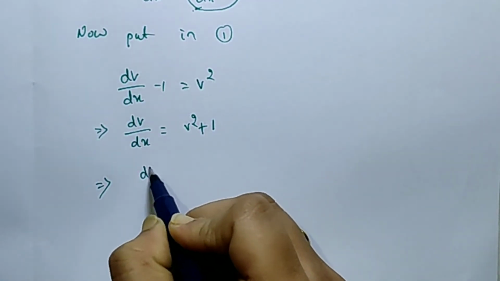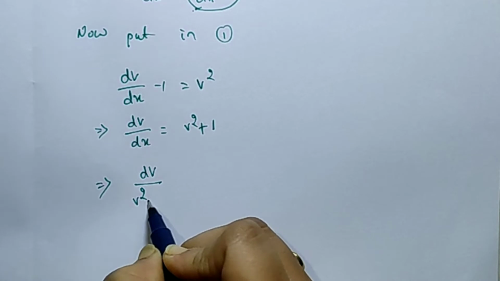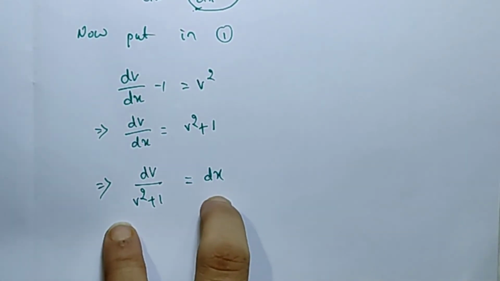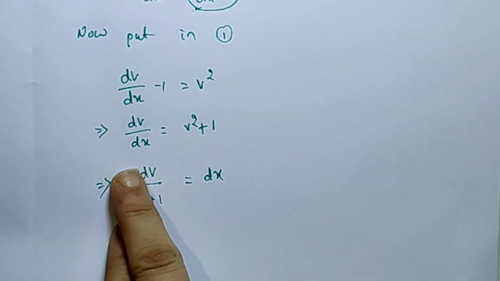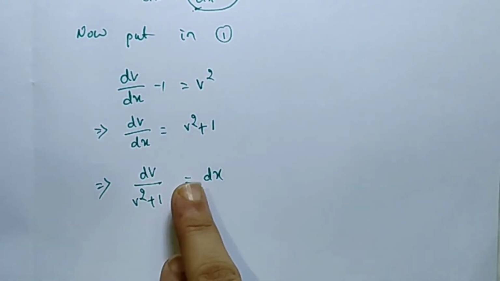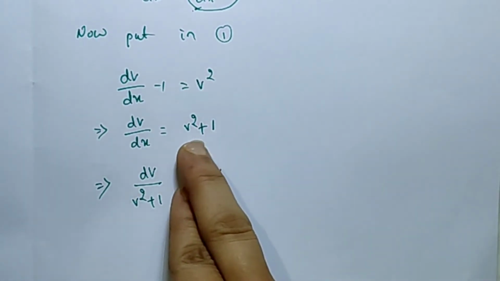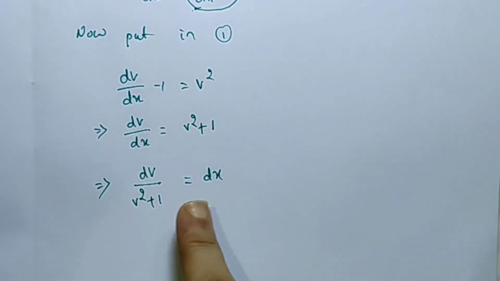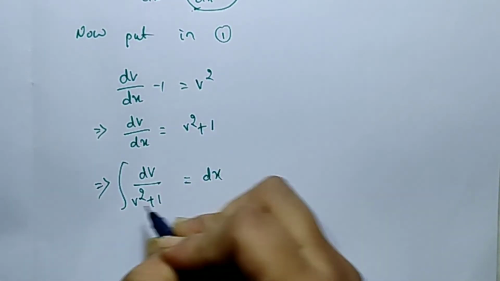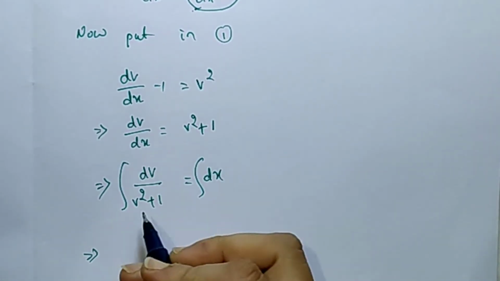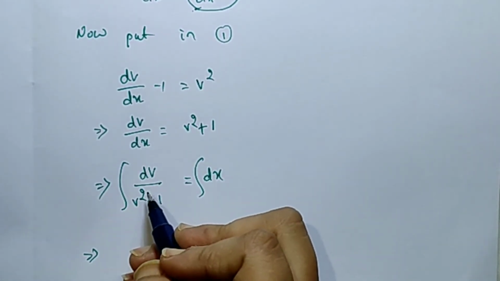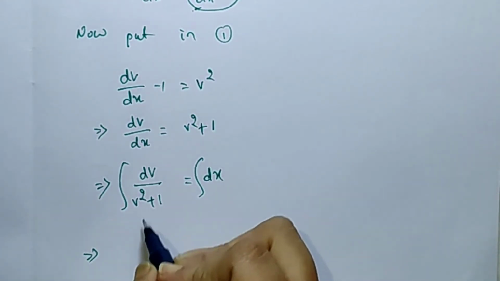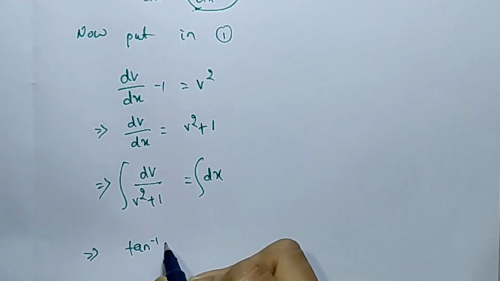So what can I do? dv by v square plus 1 is equal to dx. Okay, I can apply the variable separable method, because I can separate the variables. Now integrating both sides, what is this formula? I have just told in the previous example that this is tan inverse v.